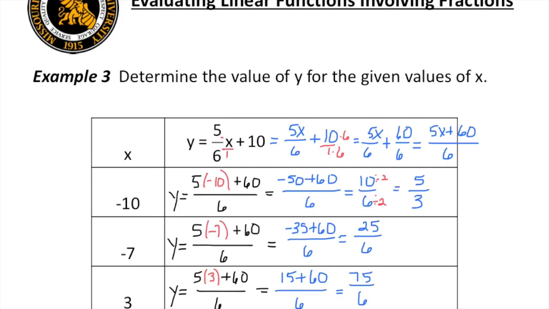And since there is a common factor of 3, we can divide the numerator and denominator by that common factor, resulting in a final output of 25 halves.